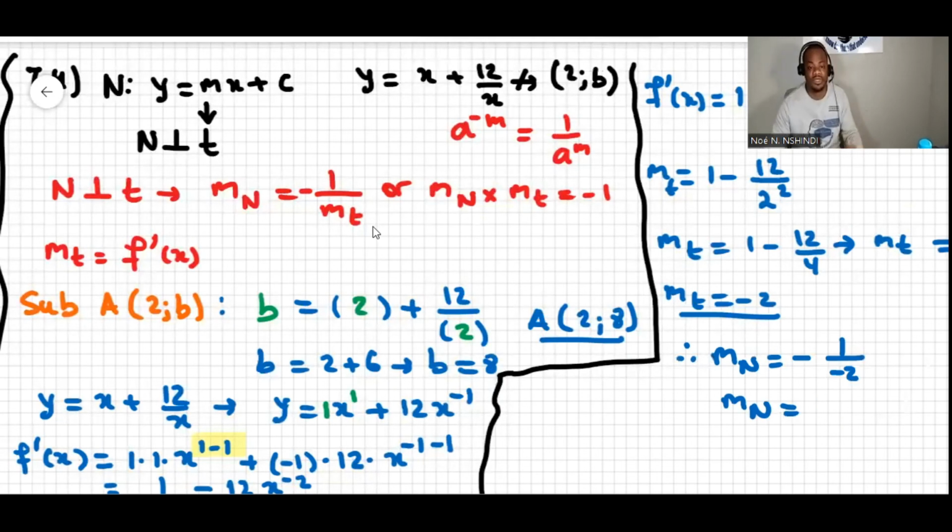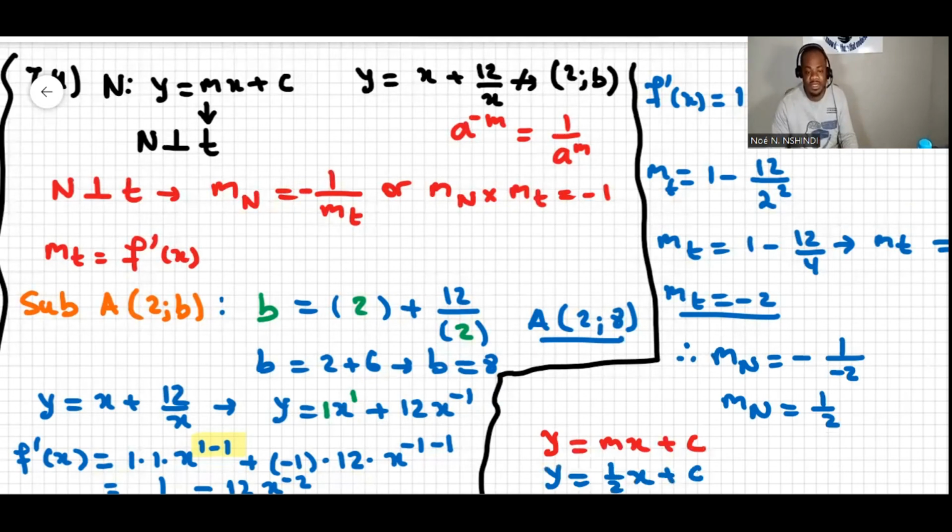Then we can write the equation of the line. You know that the equation of the line is given by the formula y equals mx plus c. So now the line perpendicular to the tangent will be y equals a half x plus c.